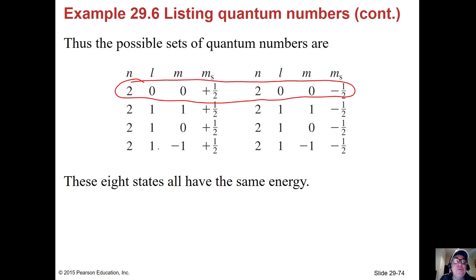And we also know when l is 1, m could be negative 1, and then spin up and spin down. So these are the 8 possible states that we have. It all starts with n, and then you've got to figure out what l is, and then the possibilities of l. Once you know the possibilities of l, you know the possibilities of m, and then attached to each of those is a spin up and spin down. Okay, it takes a little bit of getting used to. It's not too bad though.